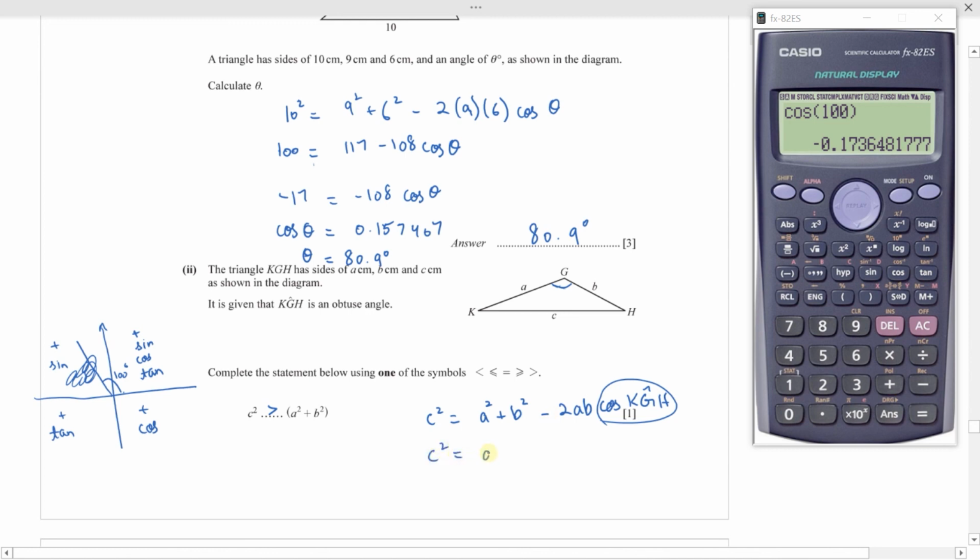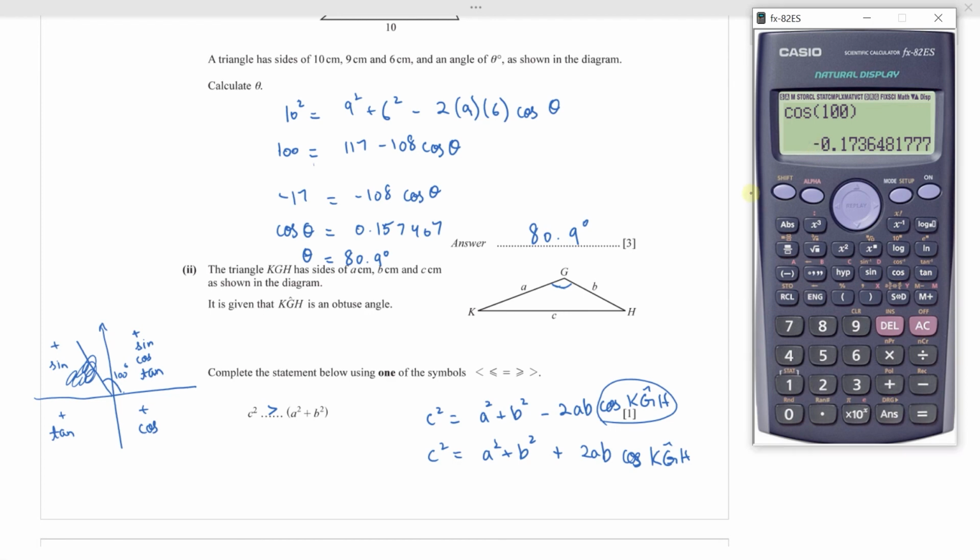So C squared will become A squared plus B squared plus 2AB cos of whatever the angle KGH is. You ignore the sign when taking the cos because you have already incorporated it. From this equation, you can see that C squared is A squared plus B squared plus this value.